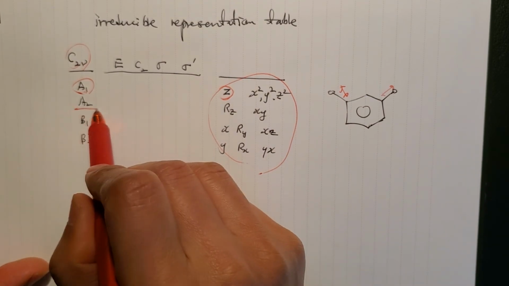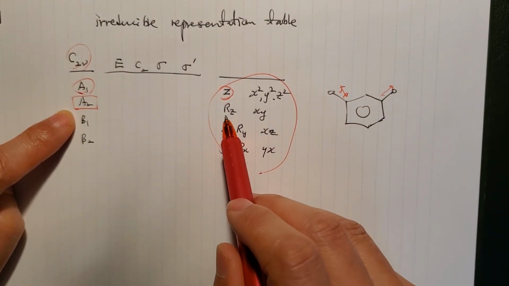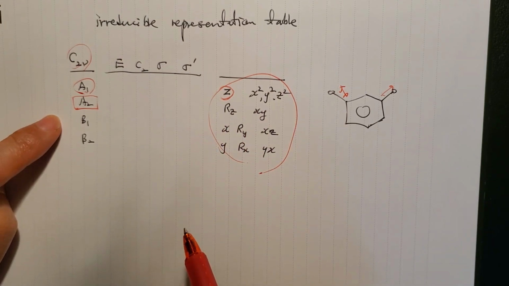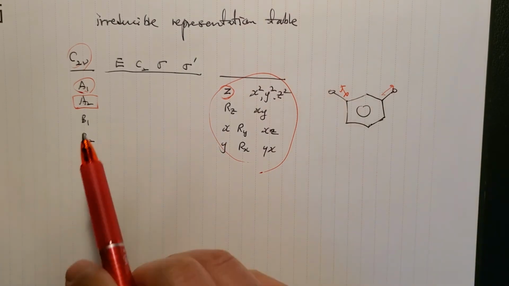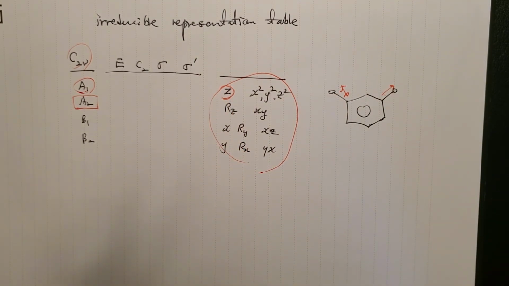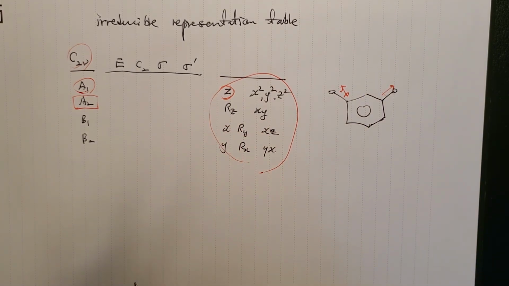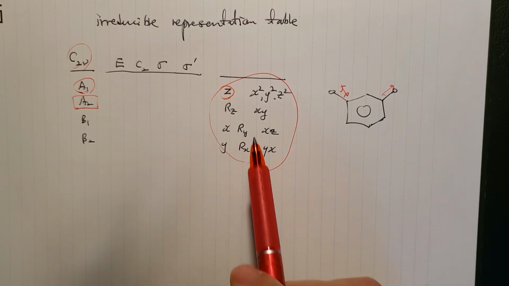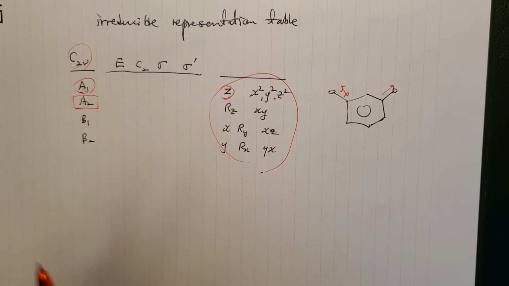But certain modes of vibration will not give any xyz. In that case, you can say the ones that have xyz components are IR active, okay? But the ones that do not have xyz vector components, then this mode of vibration is not IR active.